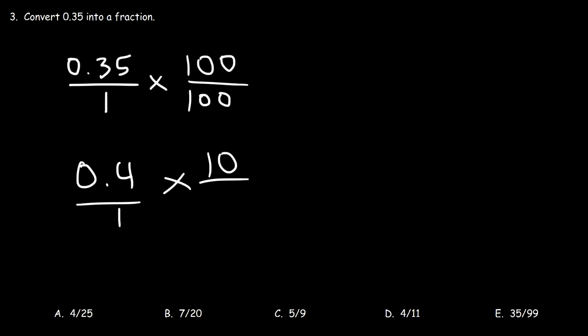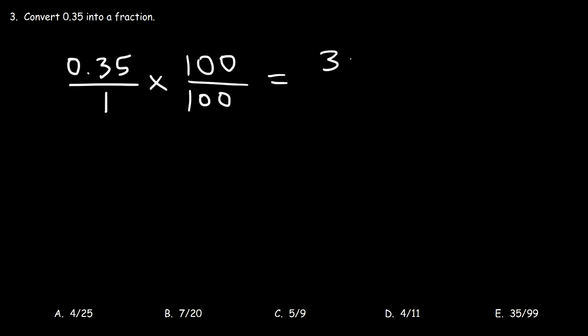And so I'm only going to have whole numbers in the fraction, or integers. 0.35 times 100, what is that? If you multiply 0.35 by 10, the decimal point moves only 1 unit to the right. But if you multiply it by 100, it's going to move 2 units to the right. So 0.35 times 100 is 35. 1 times 100 is 100.